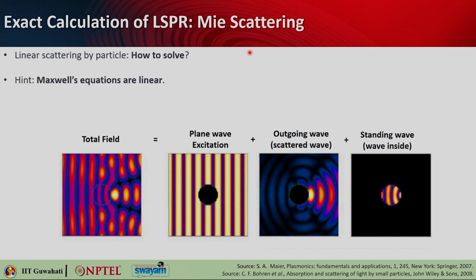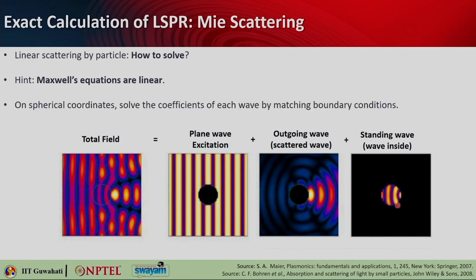And how does it work? It works from the concept that Maxwell's equations are linear. So, you can think of a total field that is a summation of the plane wave excitation, plus the outgoing wave, that is the scattered wave, plus the standing wave, that is the wave inside the particle or void. Gustav Mie did the solution for spherical particles.